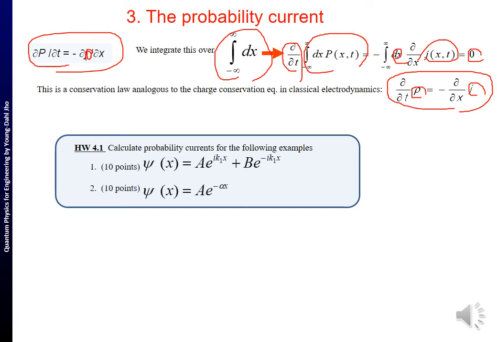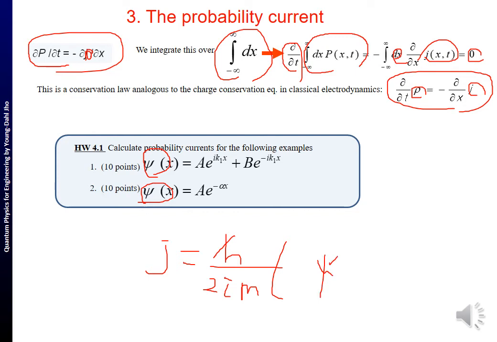So please try calculating the probability current for the following examples. For two different wave functions, you apply the idea of probability current. So ψ conjugate.